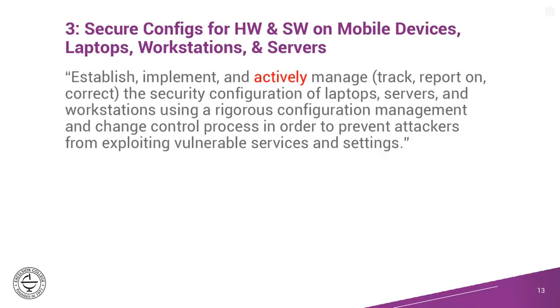So, secure configuration for hardware, software, and mobile devices. There's a very interesting scenario with this. It says actively manage. At our school, we came across an issue where I had a Macintosh computer and I needed to update to the newest operating system because there were some security patches.